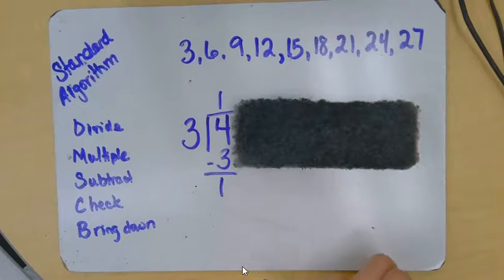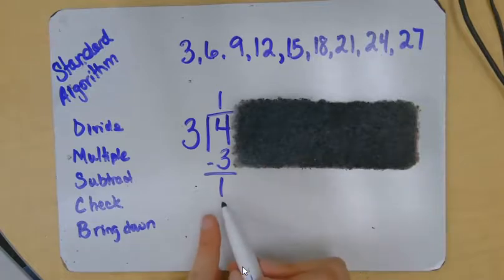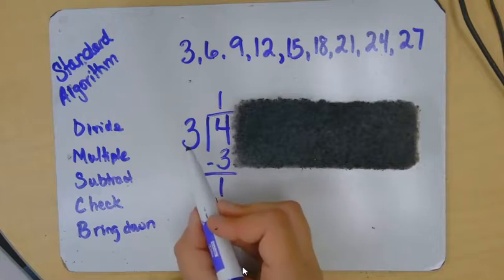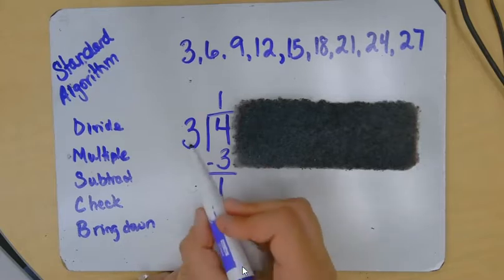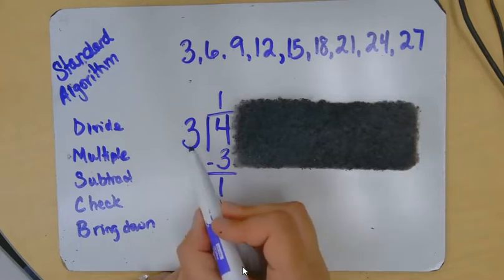And this is where that check comes in that not a lot of teachers will tell you to do, but I think it's super important. When you subtract, this difference needs to be less than this. This is telling you how many tallies you have left. If I have 1 tally, I cannot split it into 3 more groups.